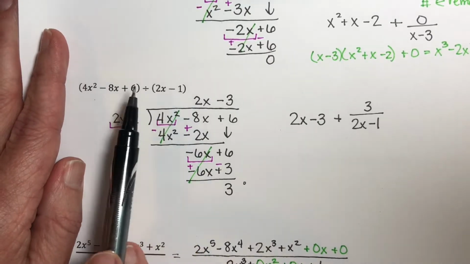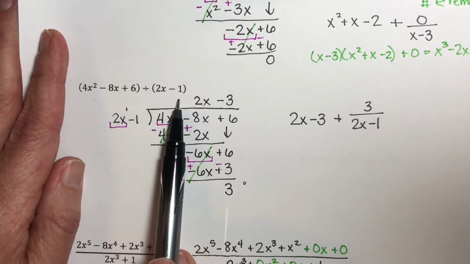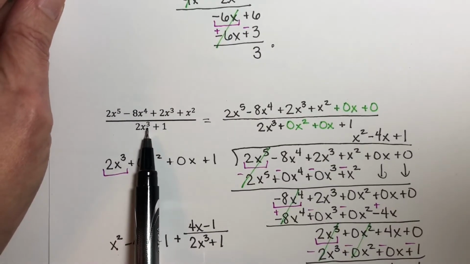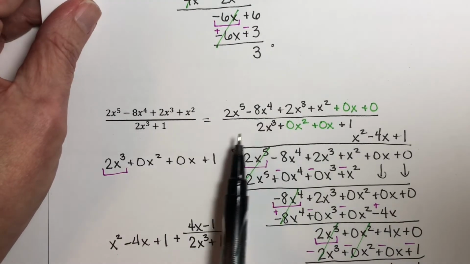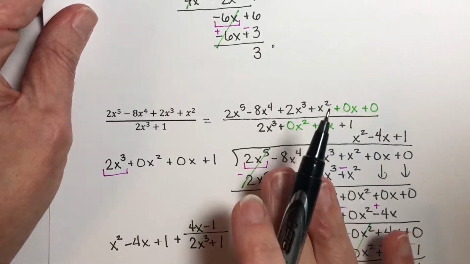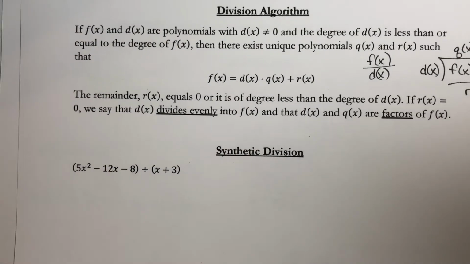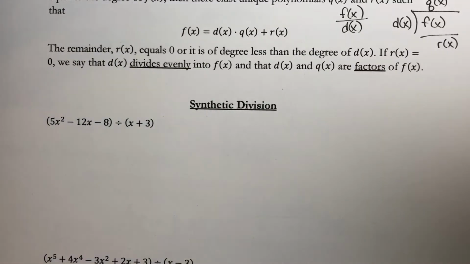Even though the degree is 1, my coefficient is not a 1, I would not be able to use it. And here, my degree is higher than 1, I would not be able to use it. So we still have to know how to use long division, but learning synthetic division is going to be very useful for us. Okay, now how does this work?